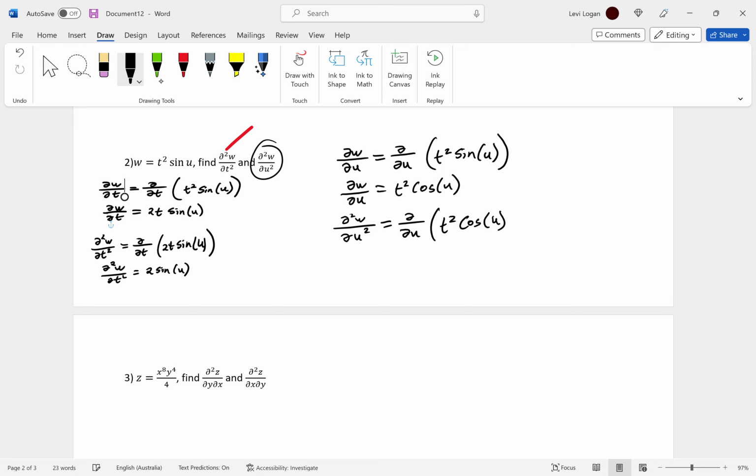T squared is still a constant, so when you differentiate cos, that turns to negative sine, so the whole thing's going to be negative t squared sine of u. Boom. That's both of them done.